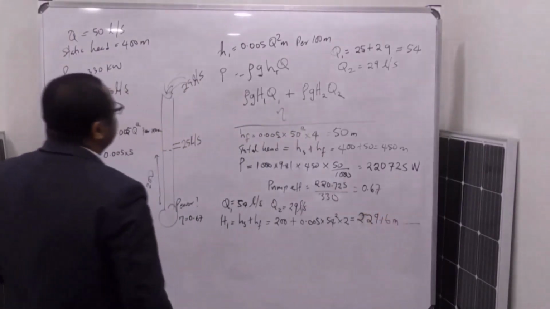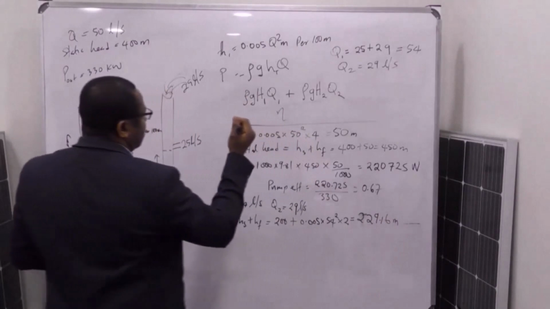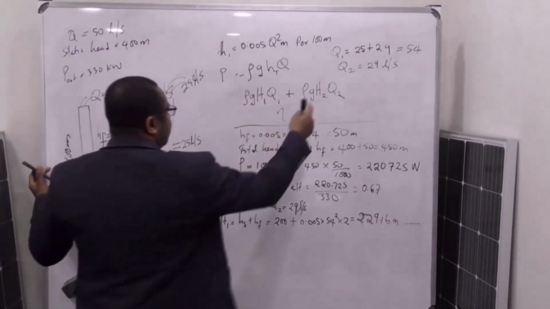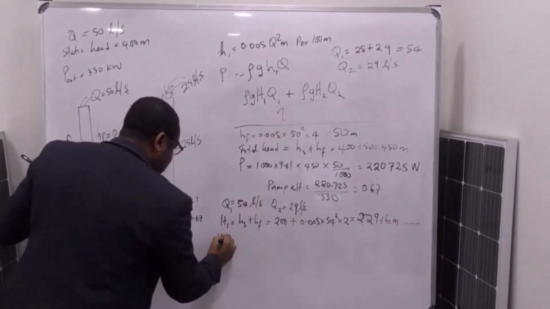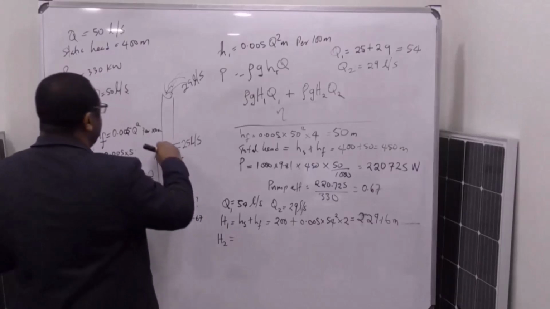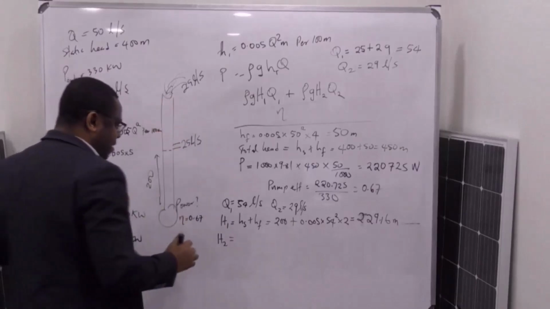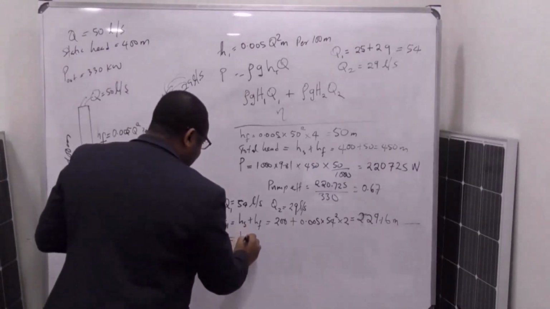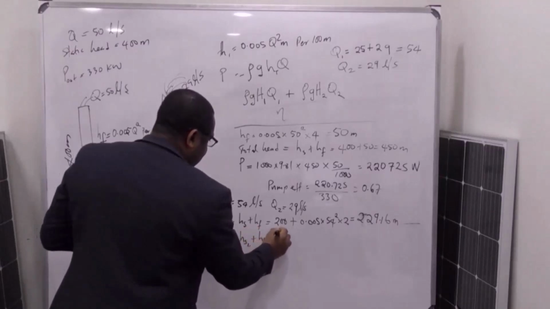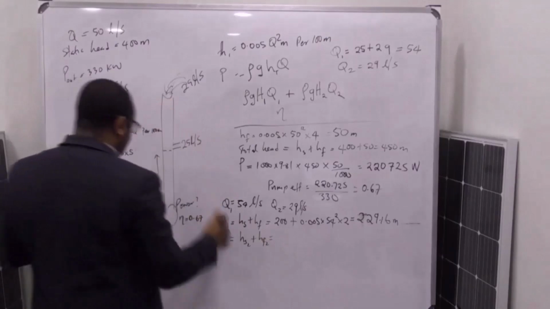Now, so that means I got this, and let's look for H2, which is now from here to here. So it becomes H static 2 plus HF2. The static from here to here is still 200.